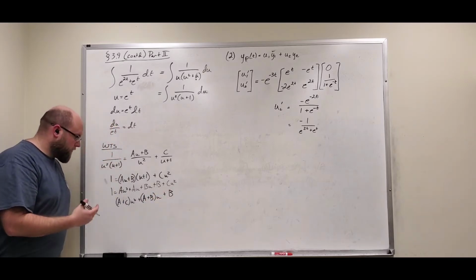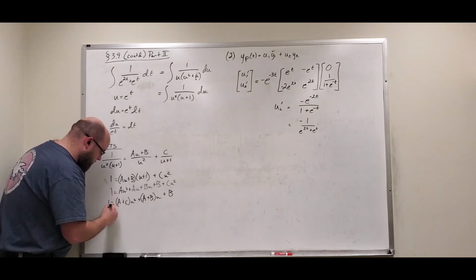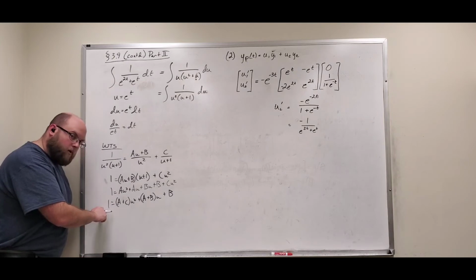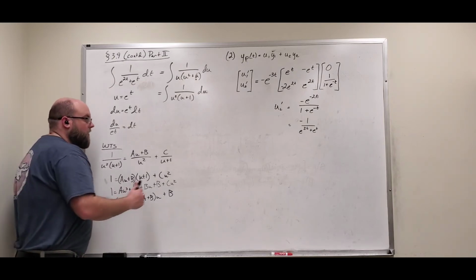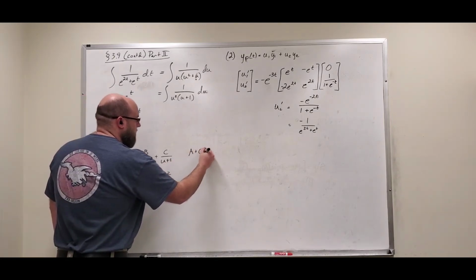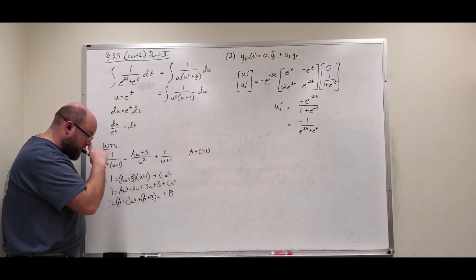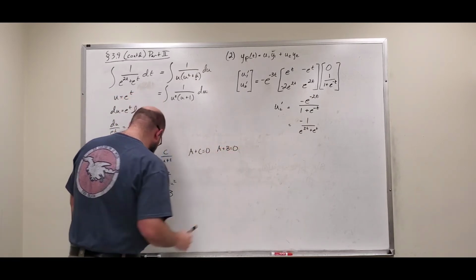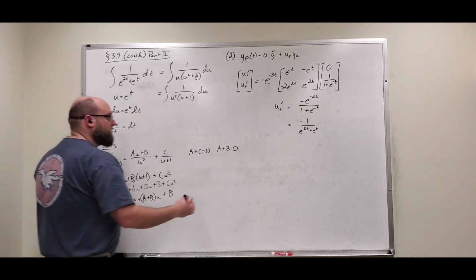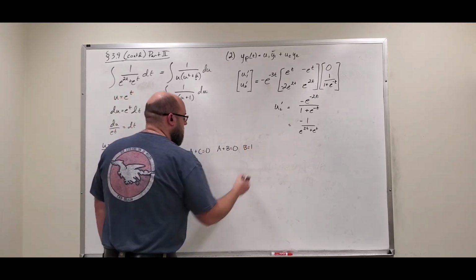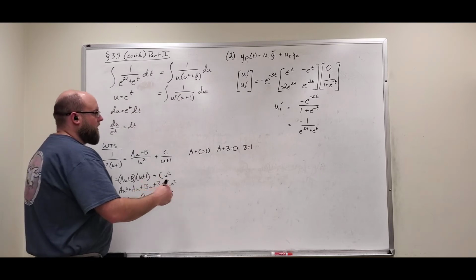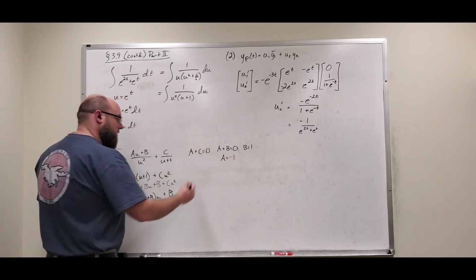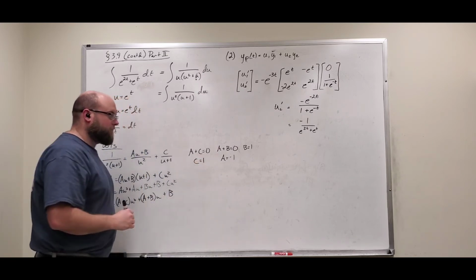Now we're going to set this equal to the coefficients out on the left-hand side. Well, notice there's no u squared and no u, which means that a plus c is equal to 0. It also means a plus b is equal to 0. And it means b has to equal 1. Well, if b is equal to 1, that means a has to equal negative 1. And if a is equal to negative 1, that means c has to equal positive 1.